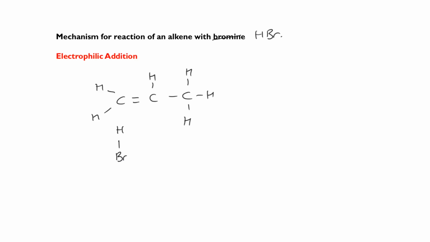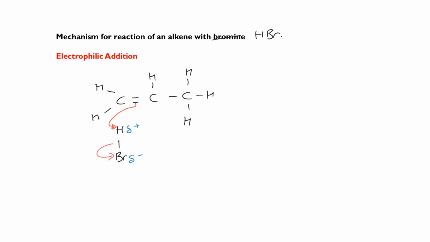Now hydrogen bromide does have a dipole naturally because the bromine is more electronegative than the hydrogen, so the electron density is going to be more centered around the bromine. Okay, so the first thing that happens is the same as the last one. The double bond opens up and it attacks the partially positive hydrogen, and then the second step is the bond between the hydrogen and the bromine breaks and both electrons go onto the bromine.